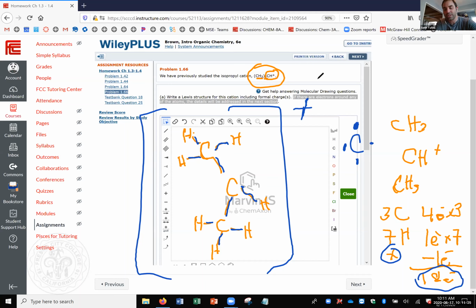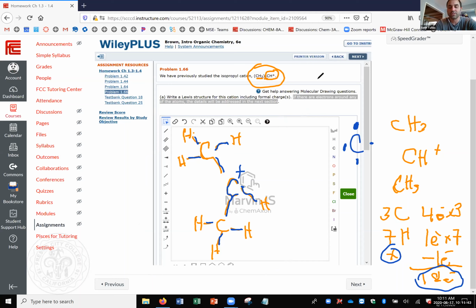So it's pretty easy to spot that this carbon in the middle is not bonded to 4 different things, so that must be the one that has the formal charge. You can add it up carefully if you want through the standard method, but we'll usually bring that charge from the outside in and make it a formal charge in the Lewis structure. This is the more typical way to do it in organic chemistry. So that brings us up to date on what we're going to be trying to draw.